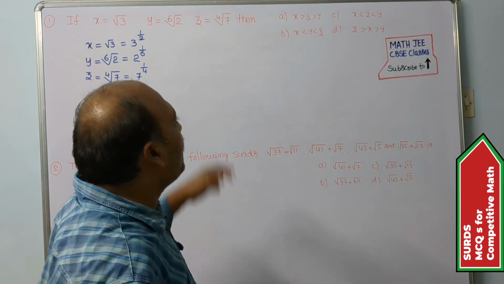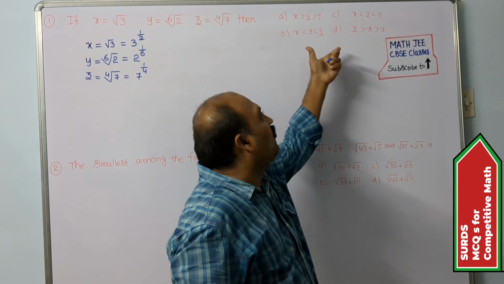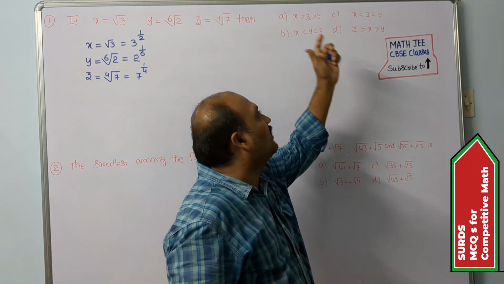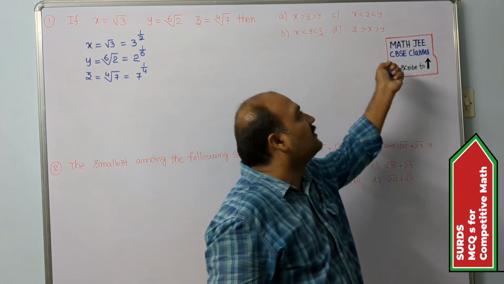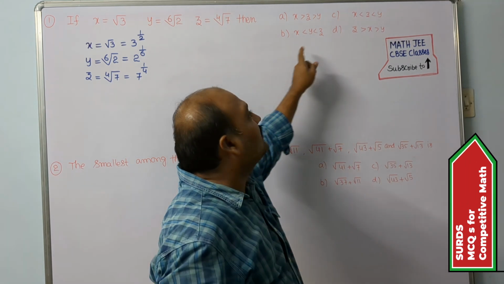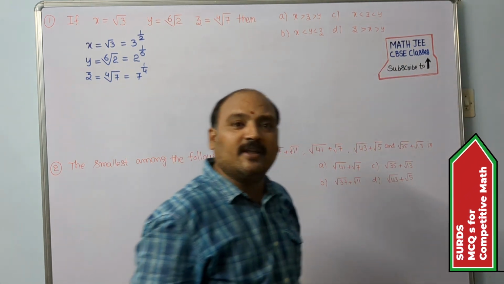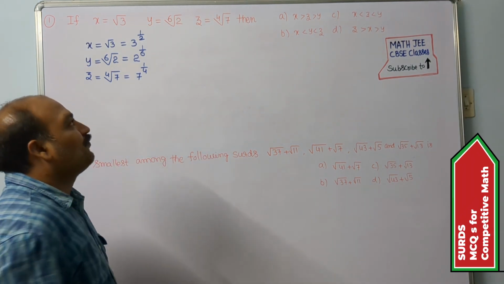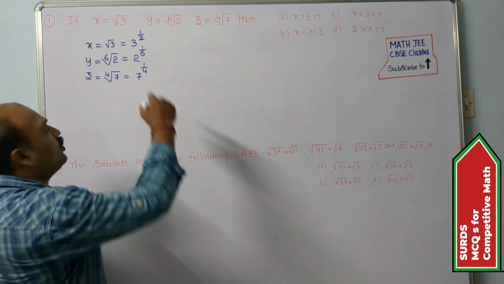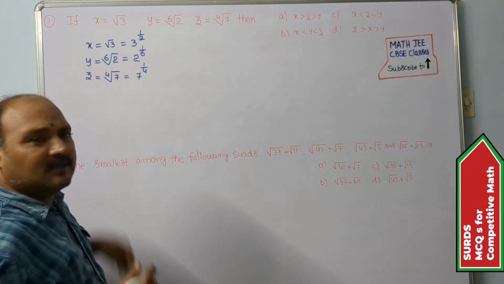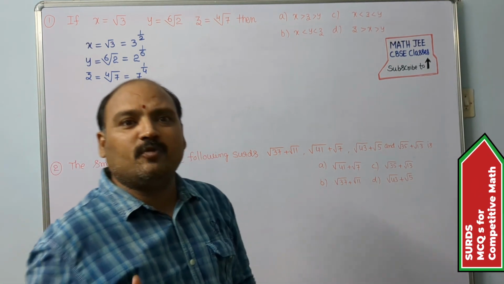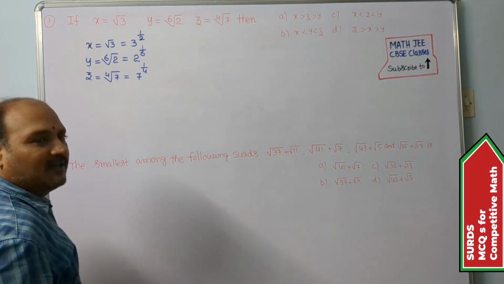So they are asking to arrange: x is greater than z is greater than y, or x is less than z is less than y, x is less than y is less than z, z is greater than x is greater than y, like these options. So to verify among these surds which one is big and which one is small, how to decide?